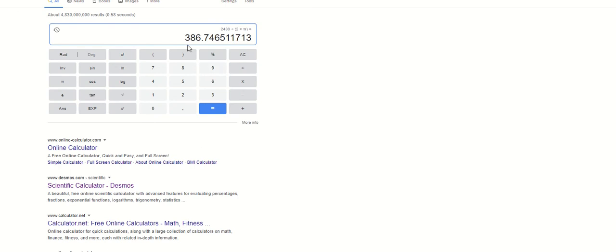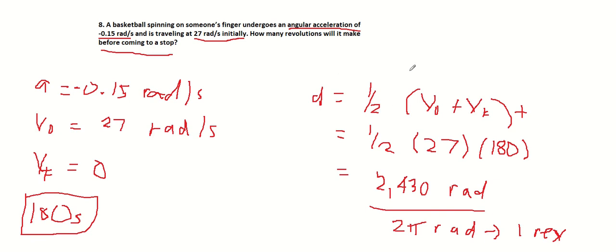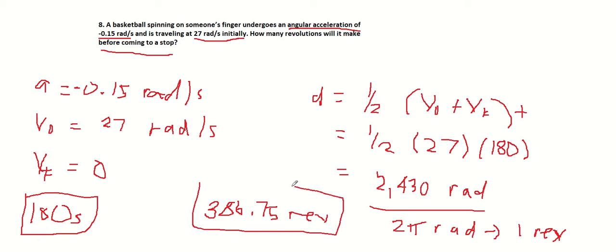So, nakuha natin is about 386.75 revolution. So, kung i-round off mo, pwede naman 387. Pero kung gusto mong exact, may decimal point. Ayan, 386.75 revolution.